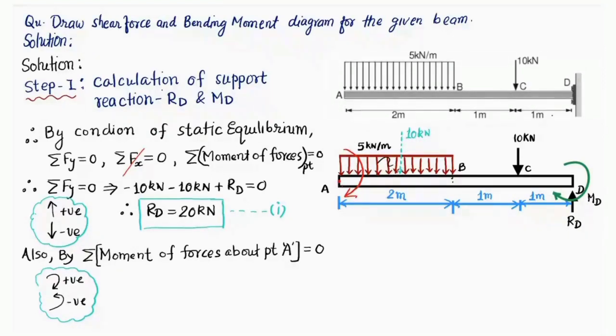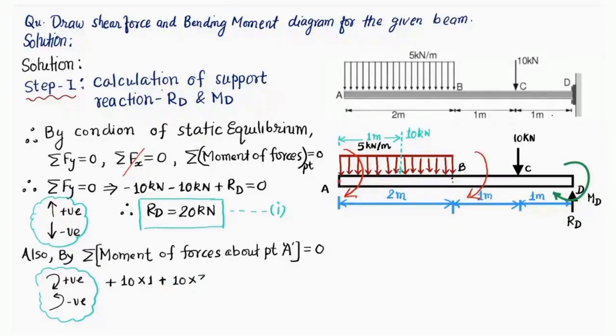Therefore, 10 into distance. This distance is always half because it is acting at the center, so it is going to be 1 meter, friends. So 10 into 1 meter is going to come here, that is positive. Now this 10 kilonewton will also rotate the beam in the same clockwise direction. Its distance from point A is going to be 2 plus 1, that is 3, and that is again positive.